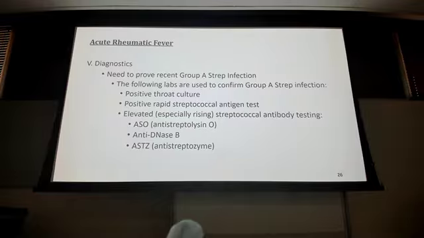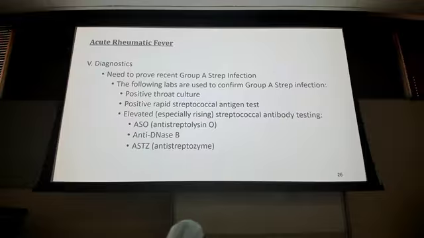But what happens if they come to you 2 to 3 weeks after that infection? And now you try to culture the tonsils and you're not detecting that strep. What else can you use to help you show that there was evidence of a recent infection? And the answer to that is antibody tests, right?